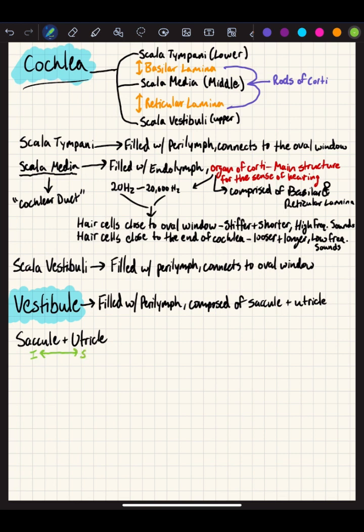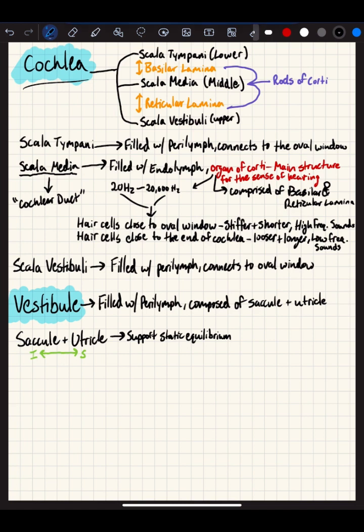The utricle is a superior anatomical structure to the saccule. And what these two things do is that they support static equilibrium.